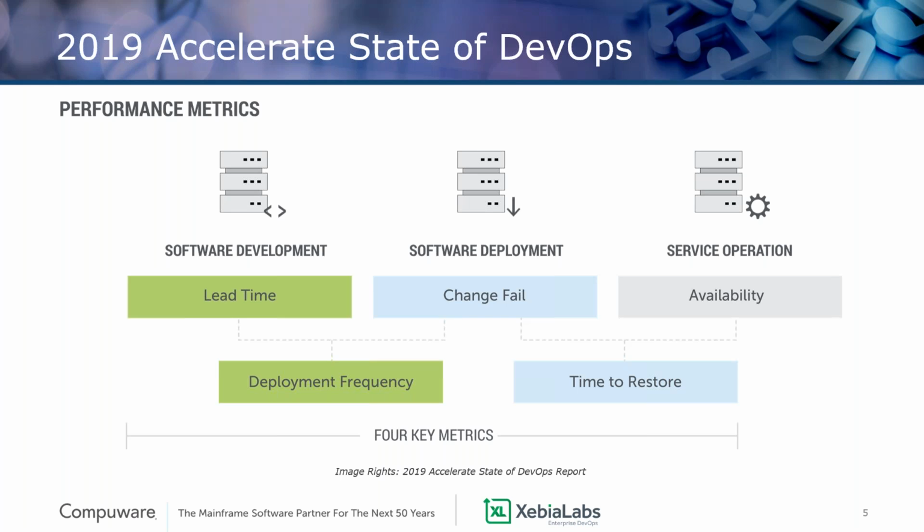Thank you very much. What I will be speaking about right now is a little bit of the introduction, basically why we think this webinar is especially relevant in this time and day. And specifically, I want to quote things from the 2019 Accelerate State of DevOps report.